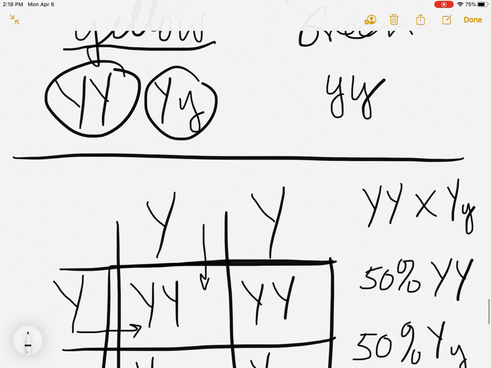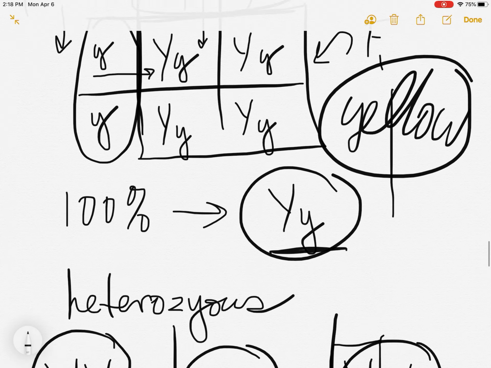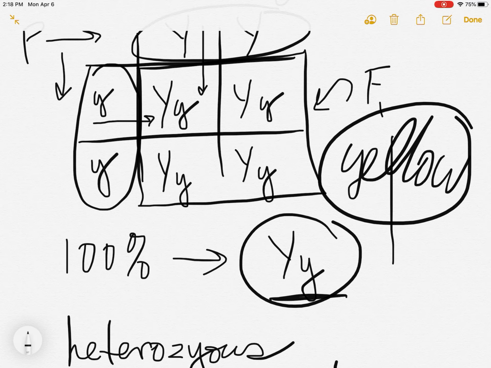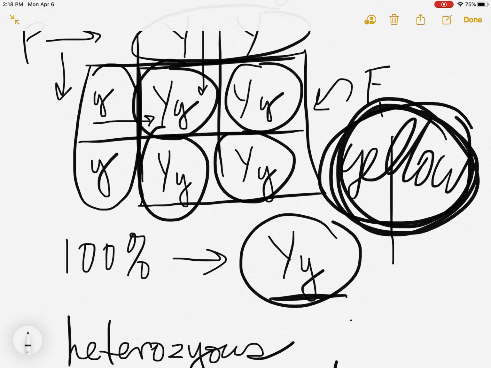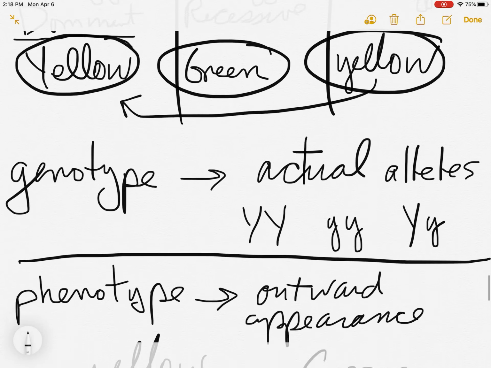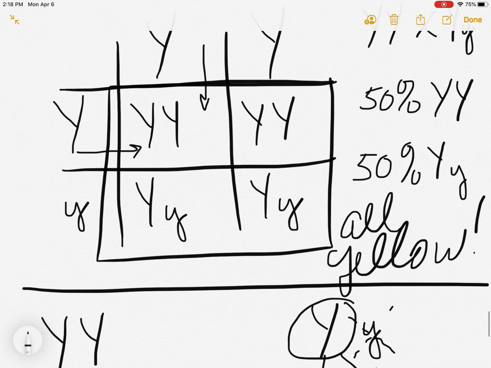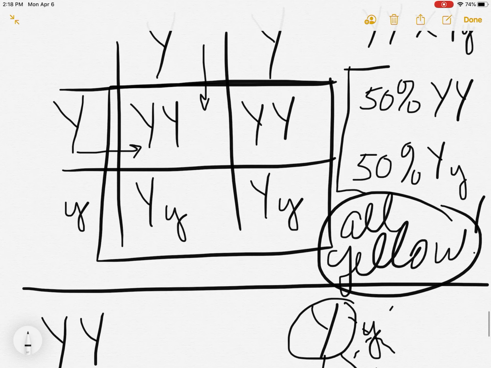Now, what's different is, in the first one, we had all 100% the same genotype, and 100% the same color, the same phenotype. But in this cross now, we've got 100% of the phenotype, but we have a 50-50 genotype. So you see how it's going to be different. The actual alleles look different inside, but they all make the plant yellow.